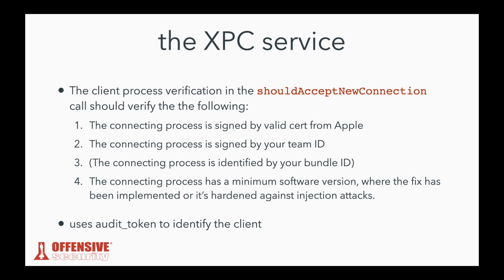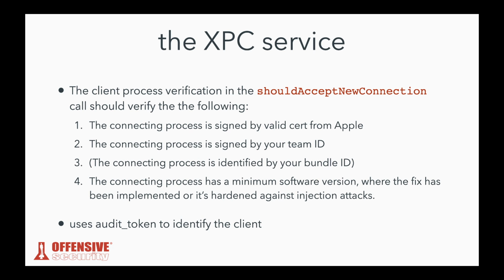And on the XPC service side, when we hit the shouldAcceptNewConnection on the XPC service, which is basically deciding whether the service accepts the connection or not, it should first verify that it's a valid certificate from Apple.